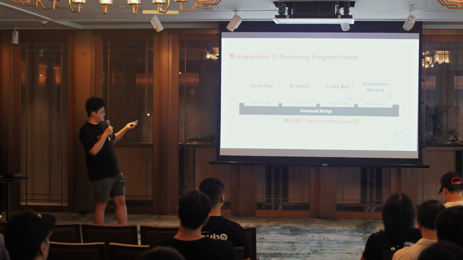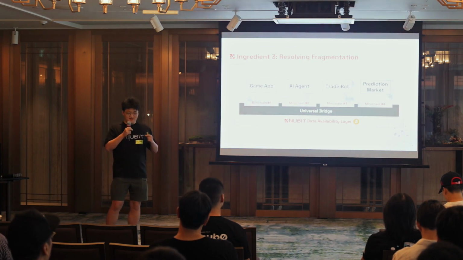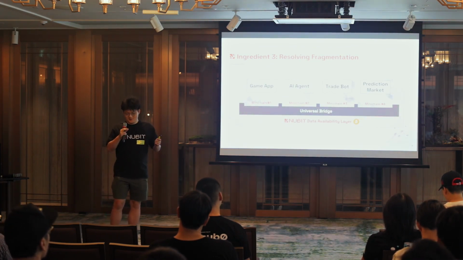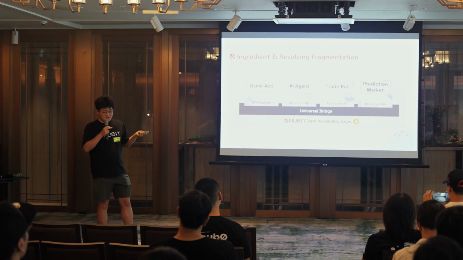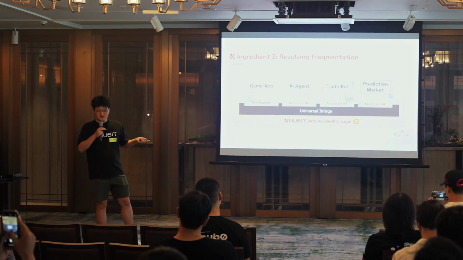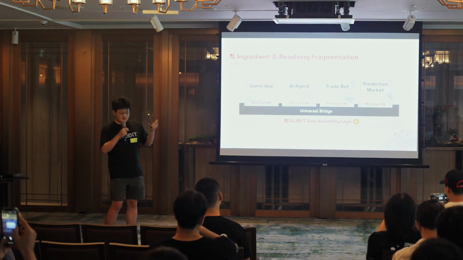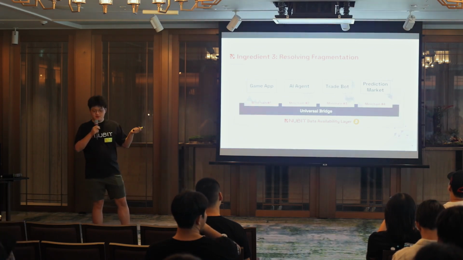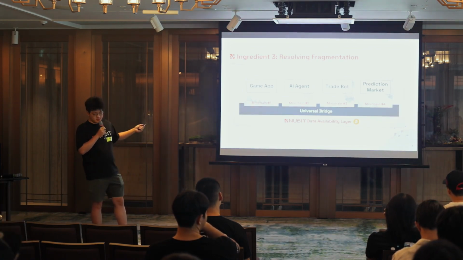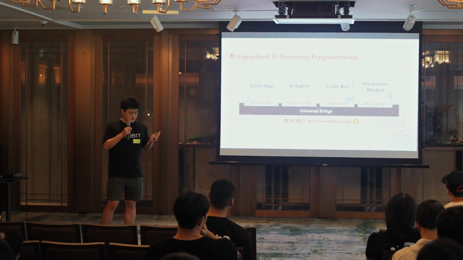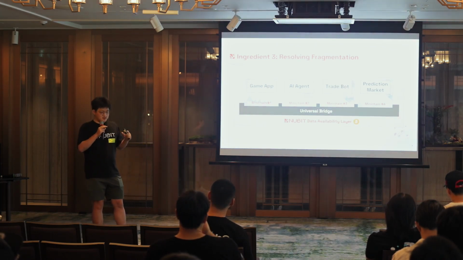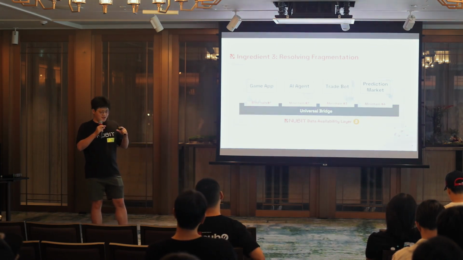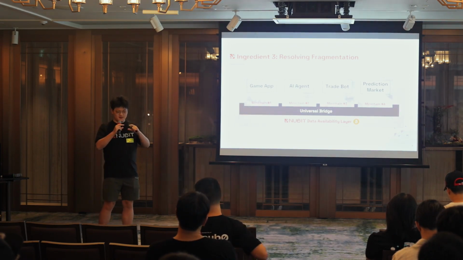And here's the third ingredient. I already mentioned there are layers upon layers of protocols, right? So won't this just lead to a worse fragmentation problem? The answer is no. We will solve this fragmentation problem through a universal bridge. If you are familiar with the traditional architecture, each application has its own chain.